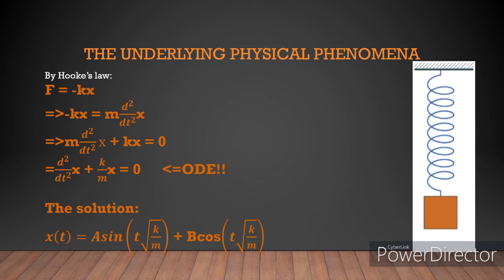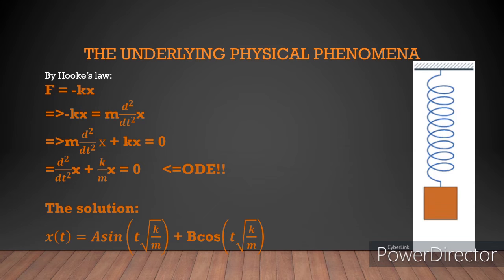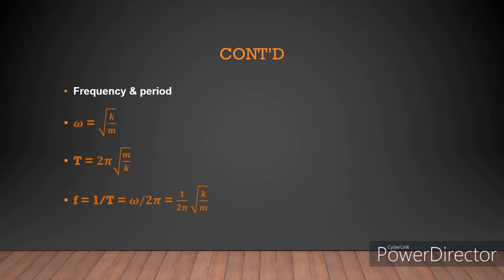There are some important properties of a spring, like frequency and period. First is omega, this, and then period T. Last is frequency. So we talked a little about the physical phenomena of a spring.